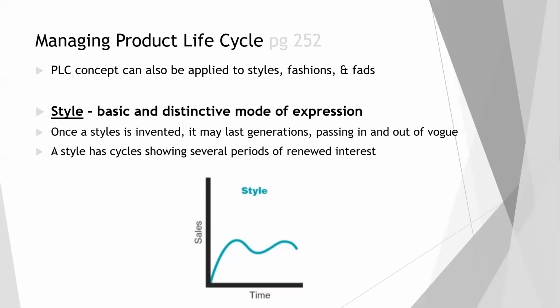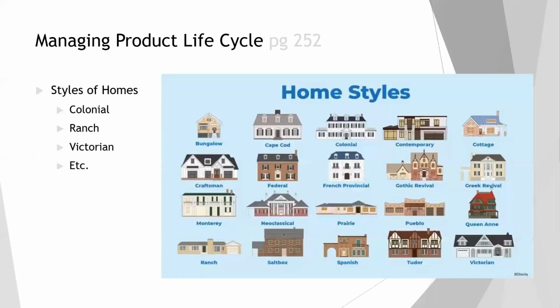And you see here with this graphic, typically styles have cycles that show periods of renewed interest. So you can see the sales of whatever this style is will increase, then decrease, and then increase again a little bit later. So it's going in and out of style, in and out of vogue, where people are buying it, kind of disregarding it, but then coming back again.